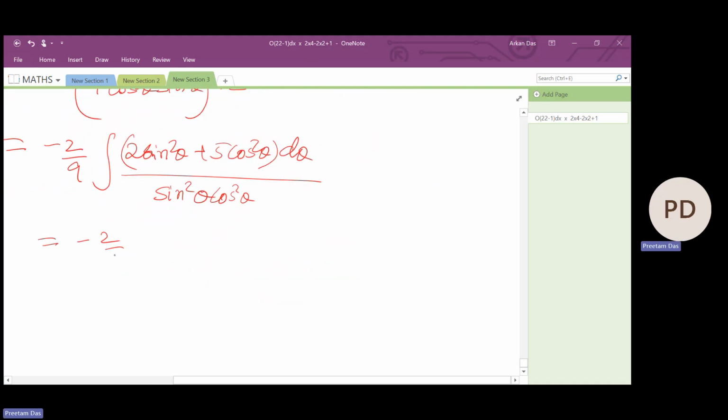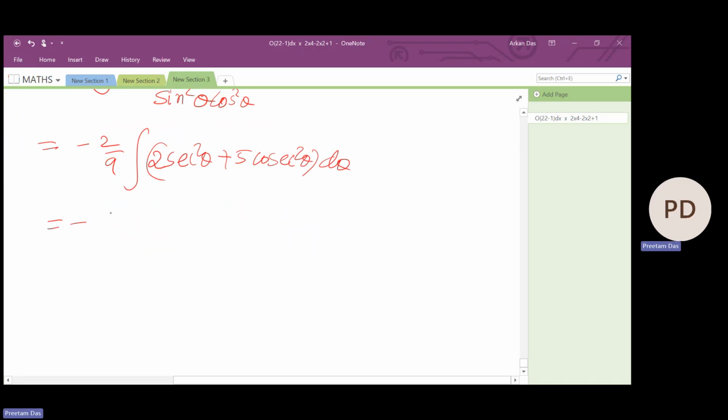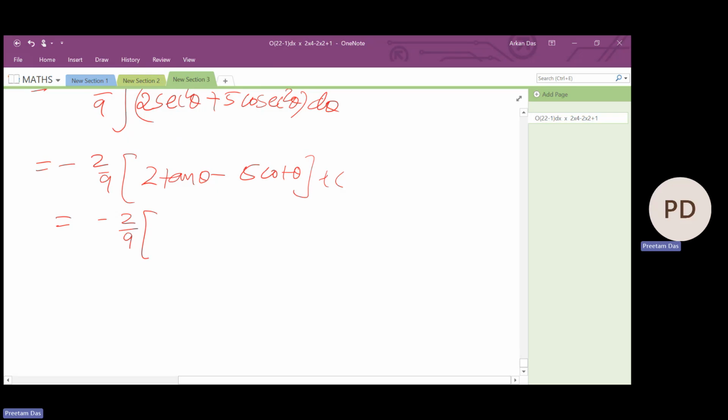What will you do now? Divide. 2 sec square theta, 5 cosec square theta. So integration becomes 2 tan theta minus 5 cot theta plus c. Now tan theta, cot theta you have to calculate from that equation. It is very easy to calculate.